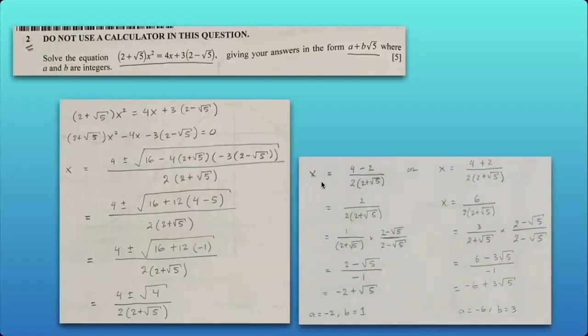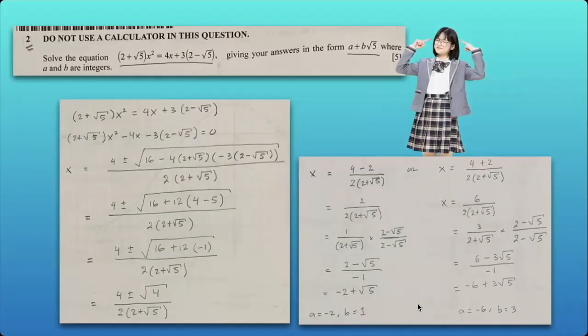Therefore, x is equal to (4 − 2) over 2 times (2 + root 5), or x is equal to (4 + 2) over 2 times (2 + root 5). Solve both of these to get to this form. Therefore, these are the values of A and B.